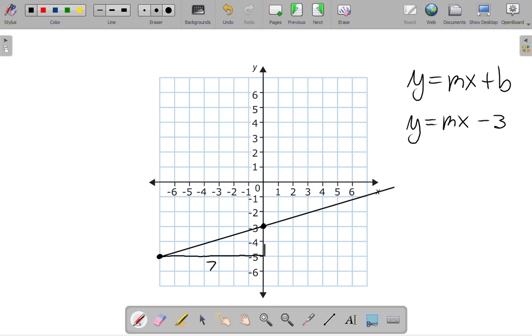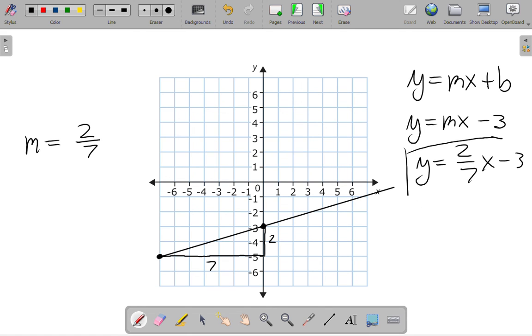And then I had to go up 2. So my slope is rise over run. The question is, is it positive or negative? Positive slope, we're going uphill, all right? So I leave that positive, 2 over 7 times x minus 3. That's the equation of my line, okay?